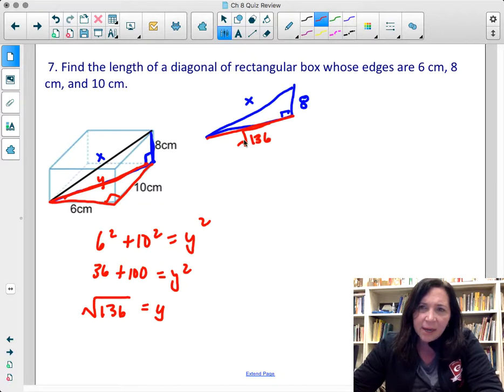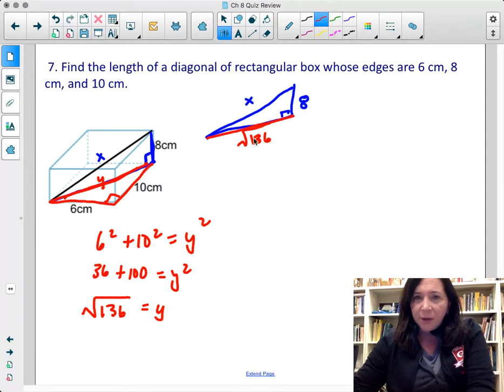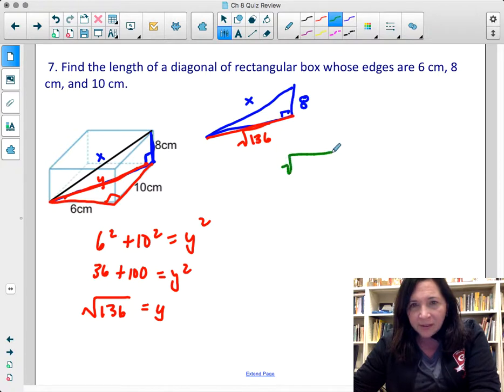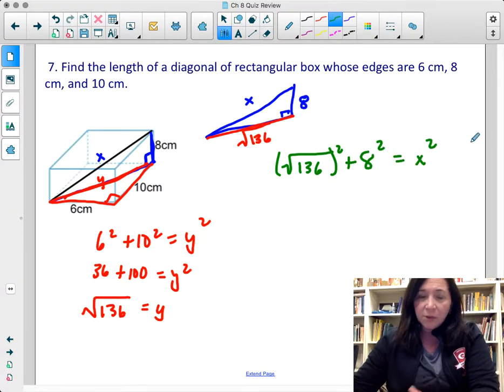And keep in mind, I am going to find x by using the Pythagorean theorem one more time. That means I'm going to take the square root of 136 squared plus 8 squared is equal to that diagonal squared, which is ultimately the value in the box that I want.